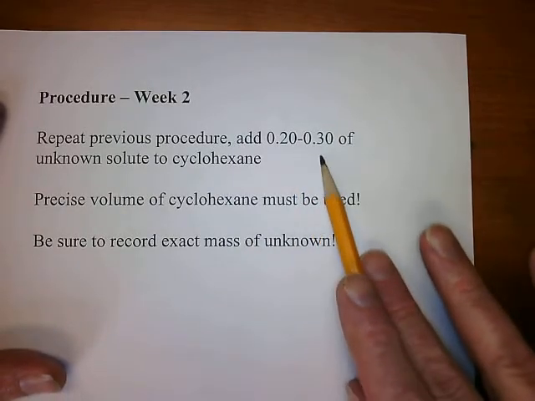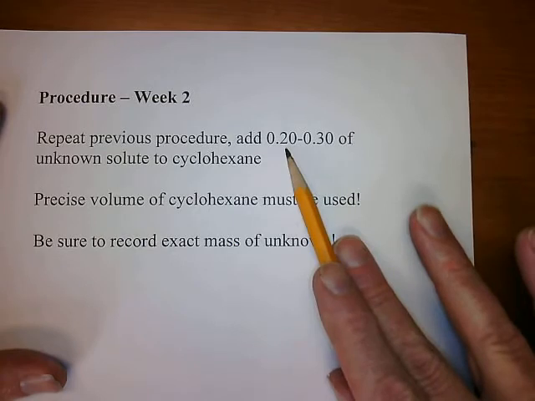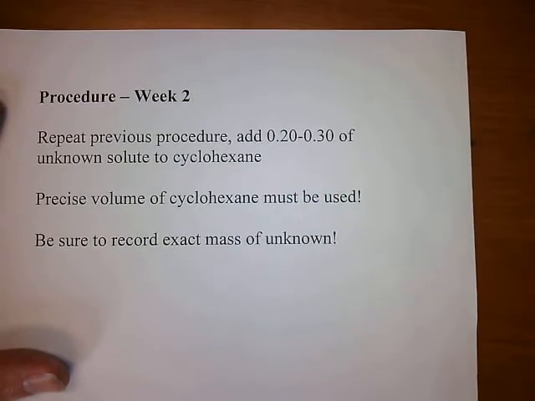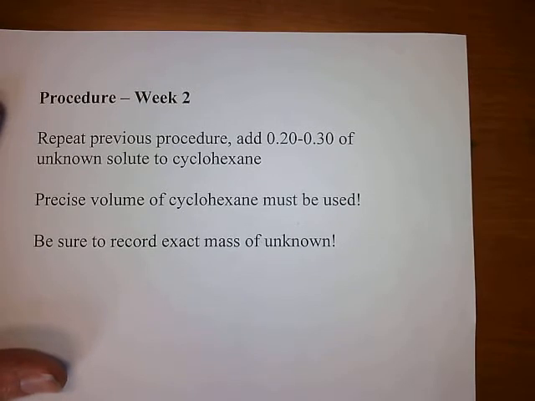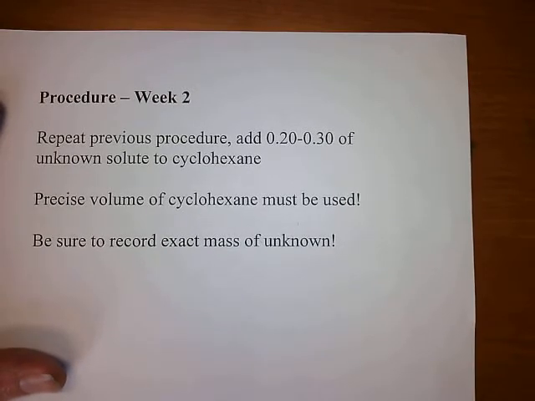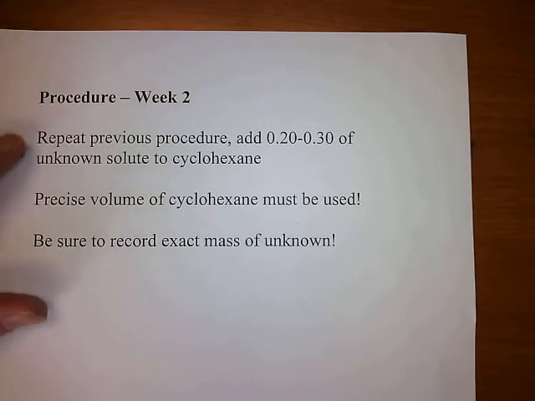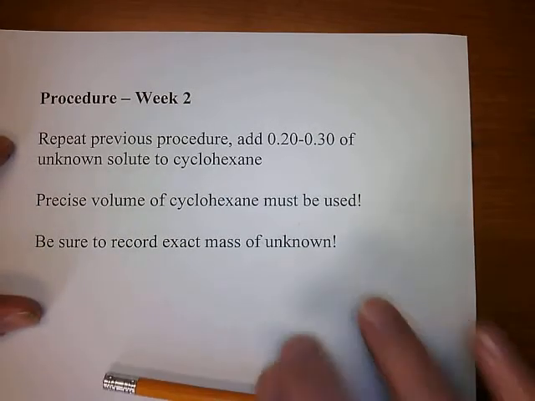It says 0.2 to 0.3. Anywhere between 0.2 and 0.3 is fine, but you have to record the exact mass that you used out to as many decimal places as the balance will give you, which should be 3 places past the decimal. And that pretty much wraps this up.